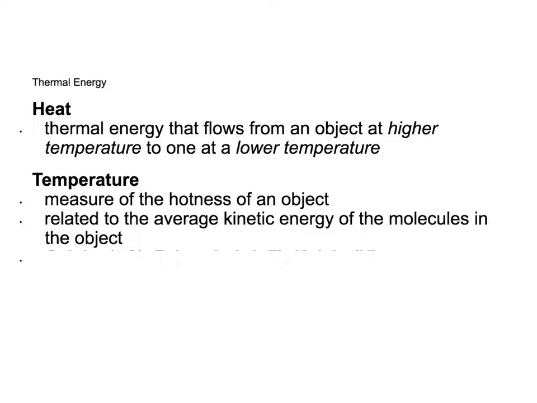Thinking back, you've learned that all substances, all matter, is made of molecules, atoms, and particles that are constantly moving. The faster they're moving, the more kinetic energy they have, and the more kinetic energy they have, the higher their temperature. Those temperatures can be measured in degrees Celsius, Fahrenheit, or Kelvin.